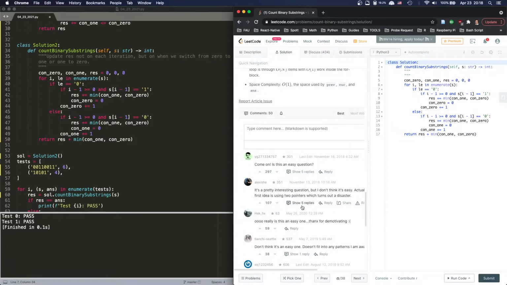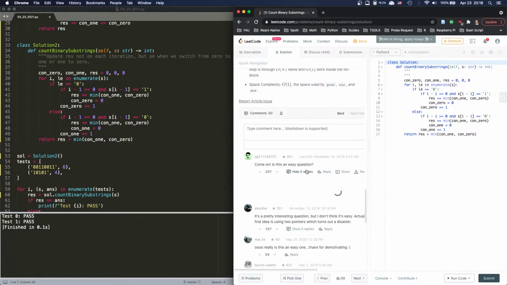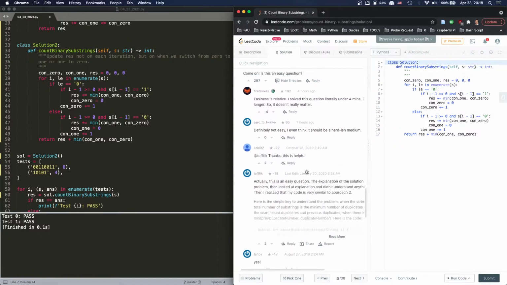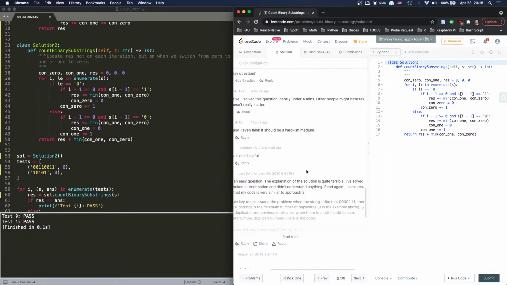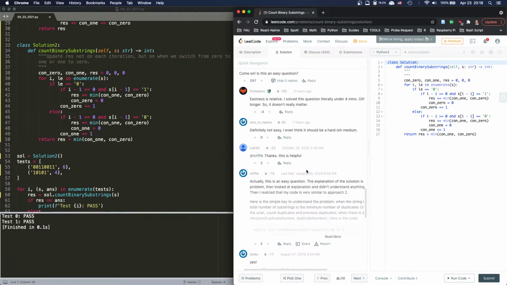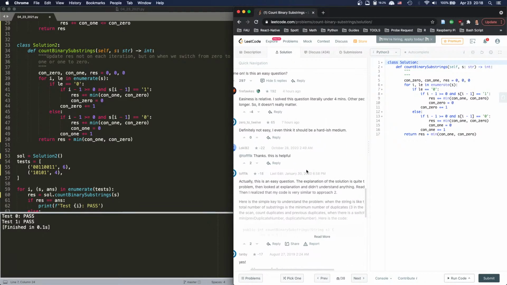Is this an easy question? Yeah, this doesn't feel easy to me. Easy is relative, but I solved it under 4 minutes. Other people might have taken longer, so it doesn't really matter. I shouldn't say there is a subjective way to determine whether a question is easy, medium or hard, but I think it's the number of loops you have to go through in order to solve a problem.